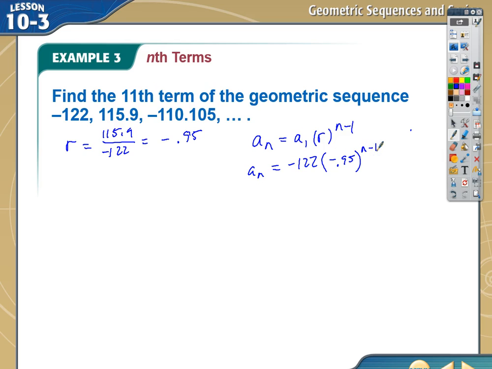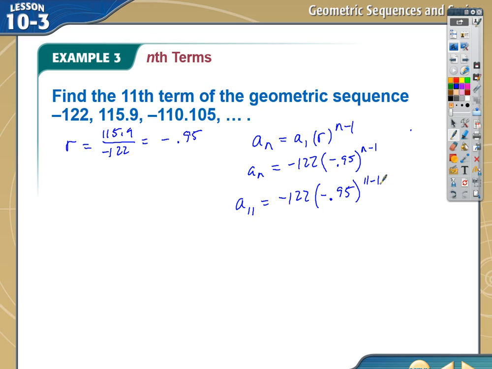I want the 11th term. So a sub 11 is negative 122 times negative 0.95 to the 11 minus 1 power, which is to the 10th power.